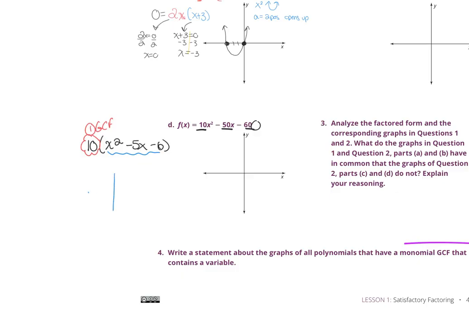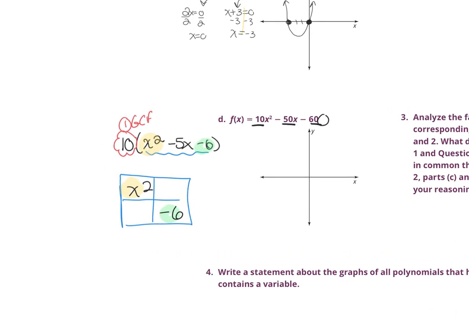And by deal with it, I'm going to factor by using my box. Now again, the first one goes in the first box and the last one goes in the last box. So this is my x squared and this is my minus 6. Now there is a 1 right here in front of my x. So I'm going to do what's called A times C. 1 times negative 6 is a negative 6.